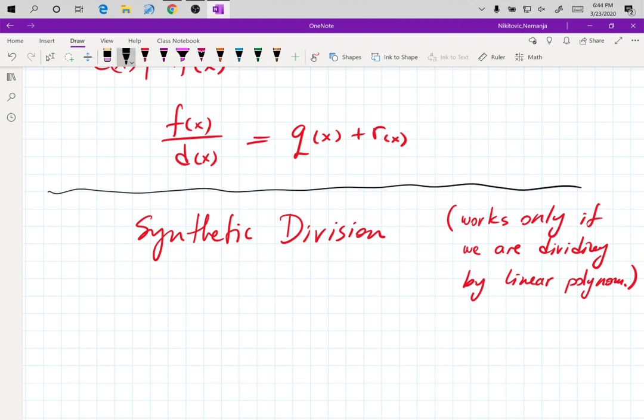So let's take a look at this method where we are going to divide. Let's see if we can find something nice as an introductory example, so we don't go immediately with something diabolical.